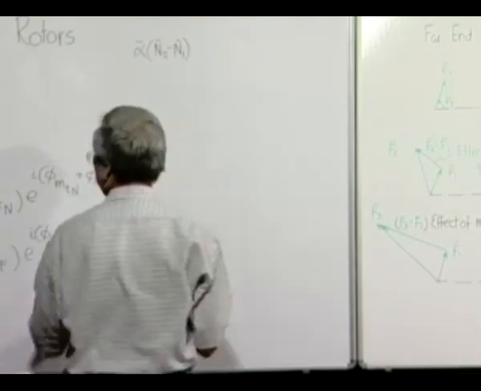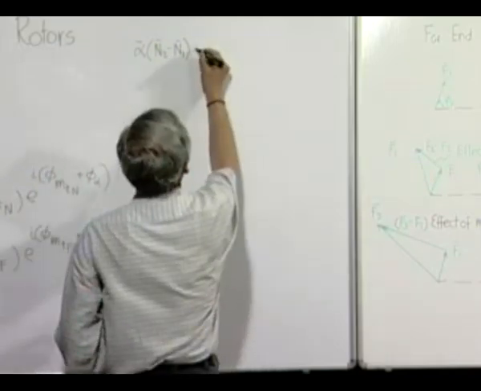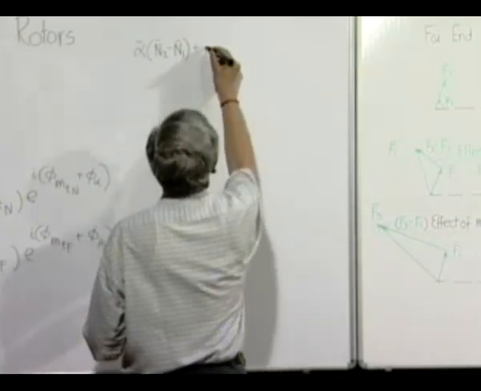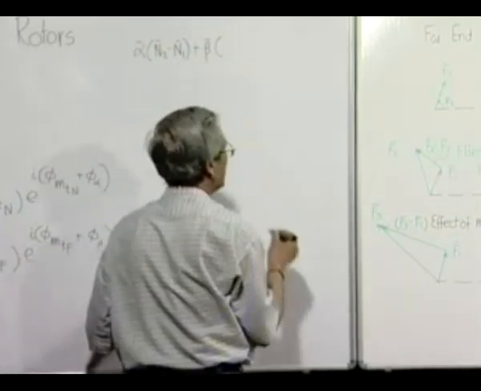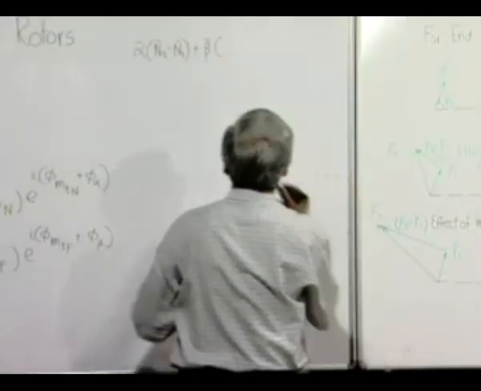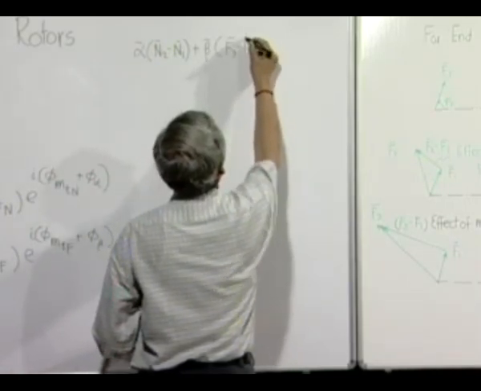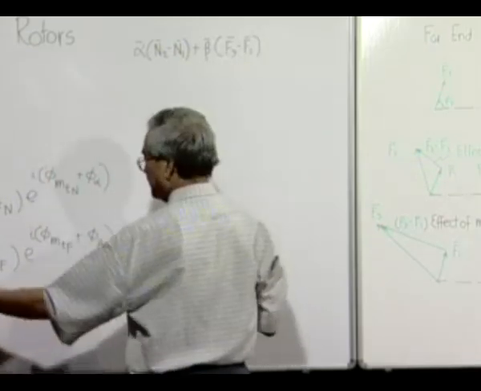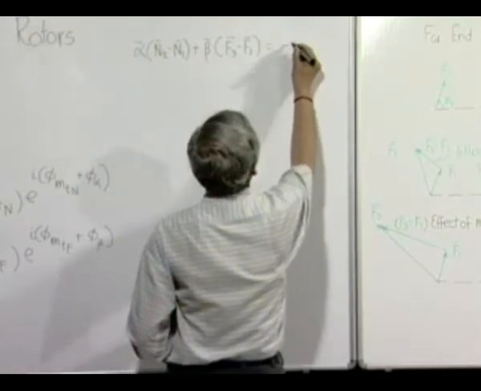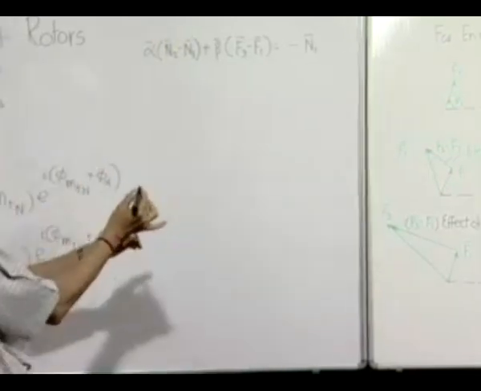This is the effect of MBN at the near end, plus what will be the effect of MBF at the near end? It will be beta into what is the effect of far end at the near end? It is F3. So this will be the effect of MBF at the near end, and this total should be minus N1, which was originally present. So, when everything is together, it is 0.